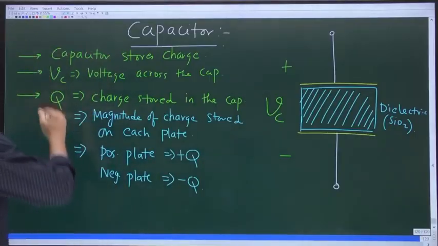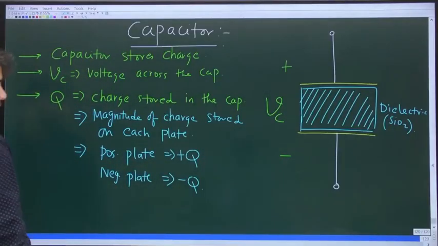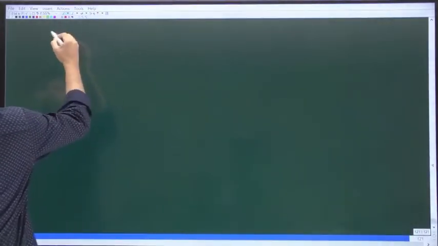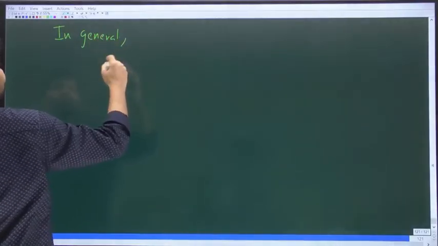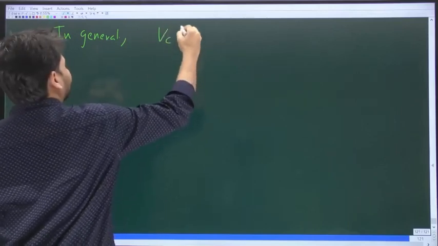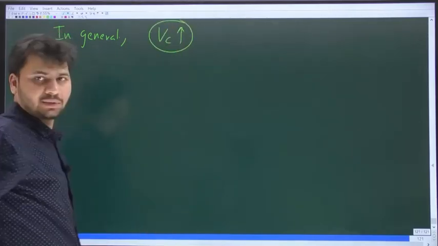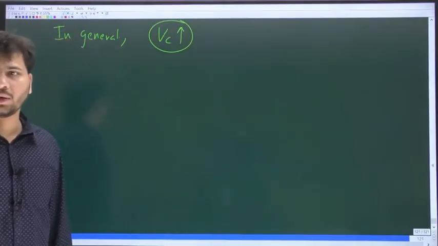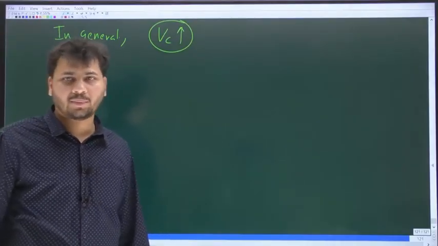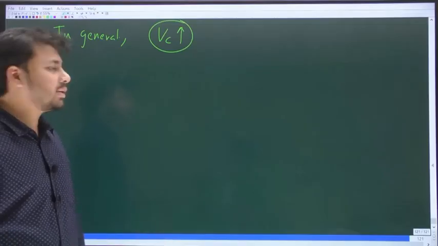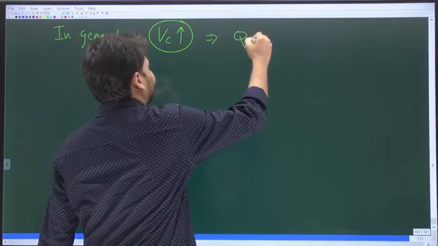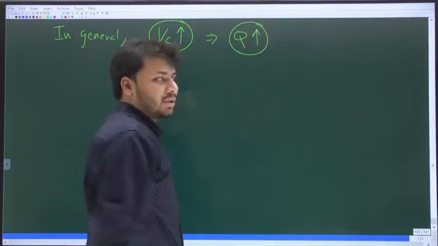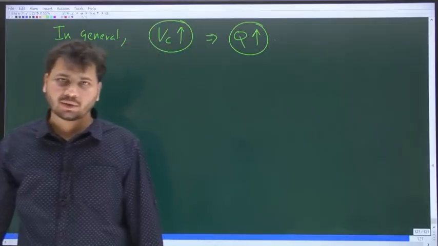So in general, as VC increases, what is this VC? Voltage applied across the capacitor. If it increases, then the charge stored in the capacitor also will increase.